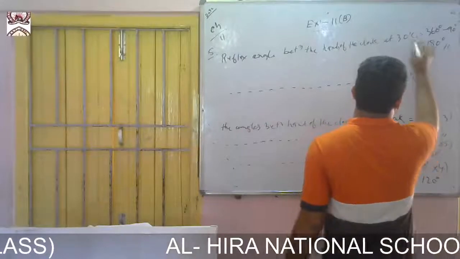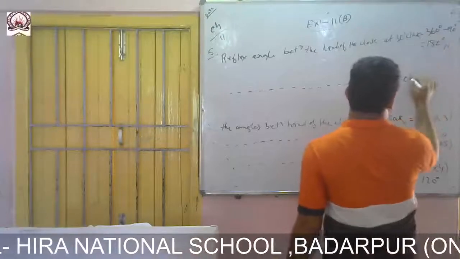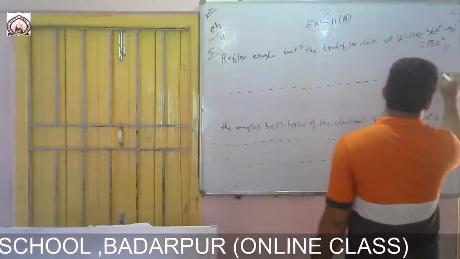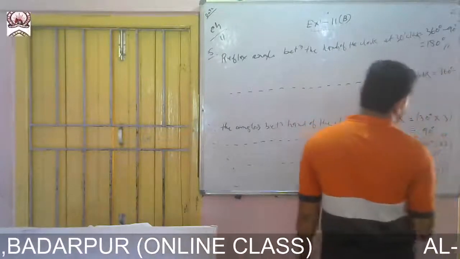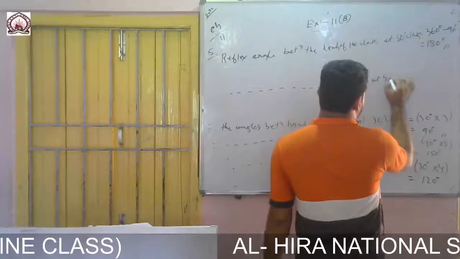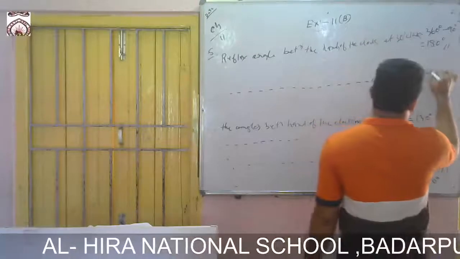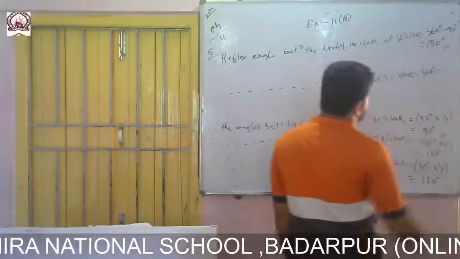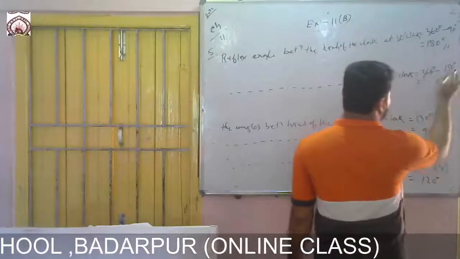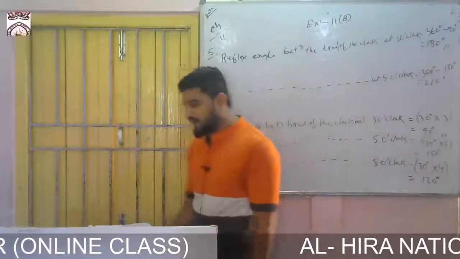At 5 o'clock it will be 360 degrees minus 150 degrees, which gives 210 degrees. So the reflex angle at 5 o'clock is 210 degrees.